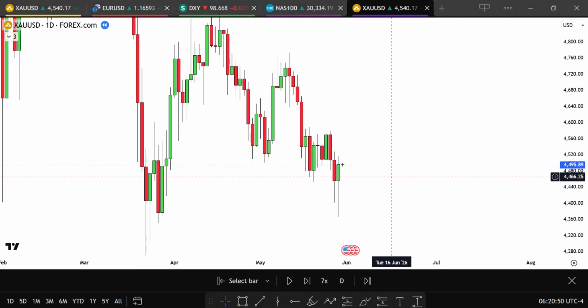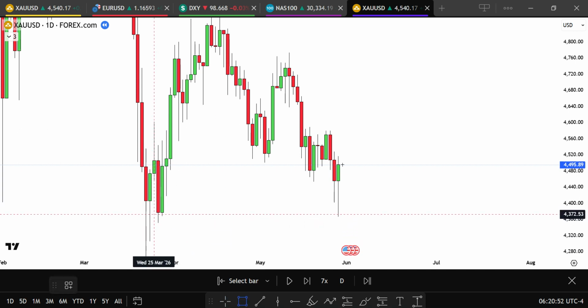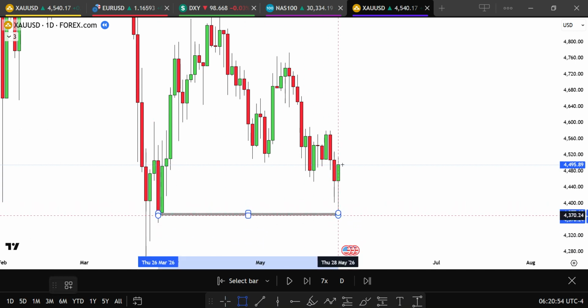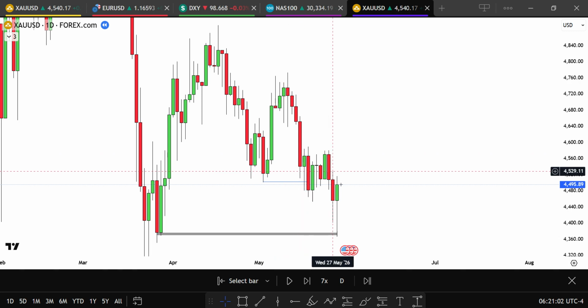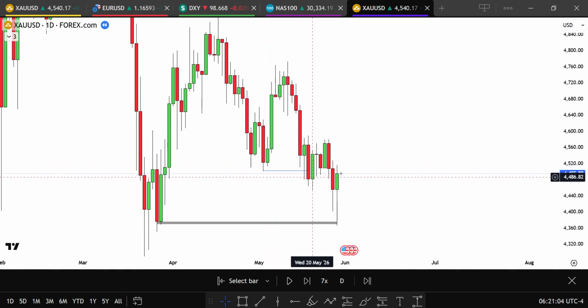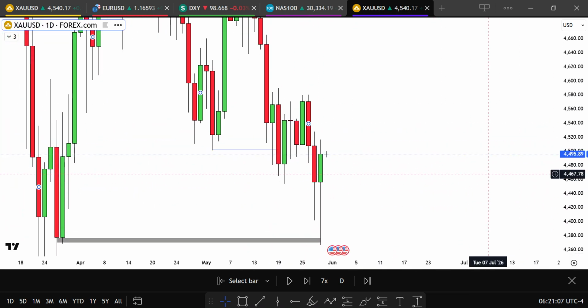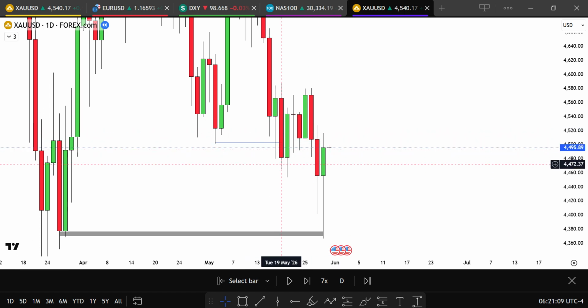Okay, so if you watch my content on Instagram, I also posted a recap on Instagram. You can see that I marked this low, right? And I was telling you that there's no candle which is closing below this candle low. When you zoom in, every candle went down, swept this low and closed under the previous candle low.